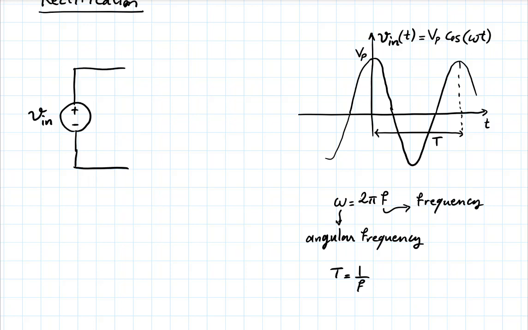But if I wanted something with a non-zero average, and ideally, ultimately, something with a constant voltage, so that I can go from, let's say, the wall plug to the output of what you have on your power adapter that you connect to your computer, we said for something like that, we would need to try to break the symmetry between the negative and positive side. So one thought was to get rid of the negative side. And we talked about that briefly, so I want to build up on that.